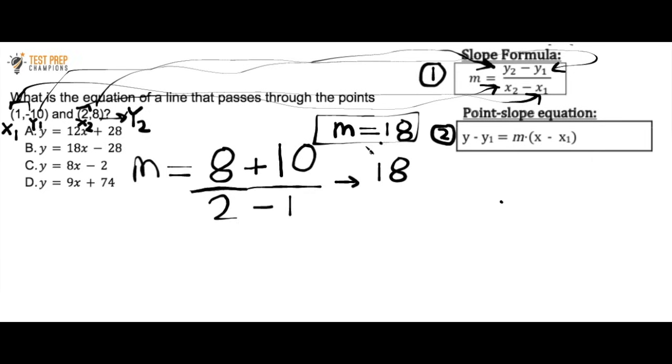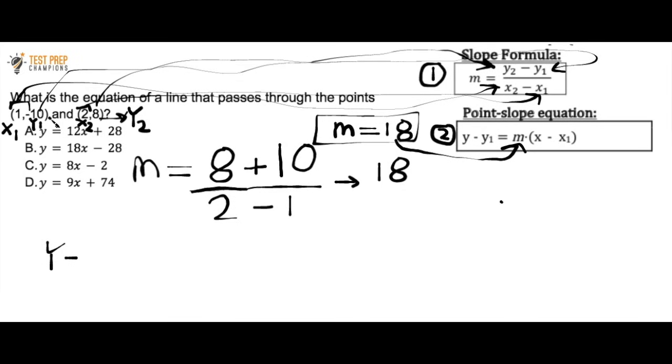Now what I'm going to do is take this m, this 18, and substitute it into the formula here in place of m. So let me now use the second equation. So it's y minus y1. So what do you think I'm going to plug in for my y1? Well, since I labeled negative 10 as y1, I'm going to plug that in. So it would be y minus negative 10.